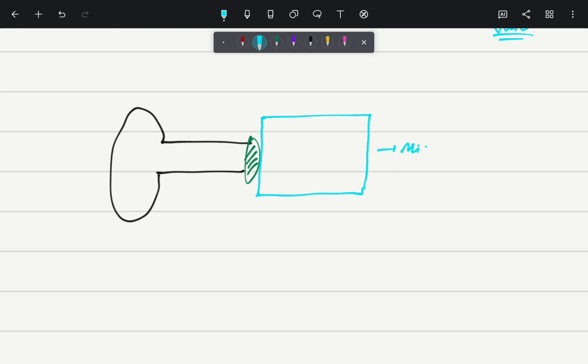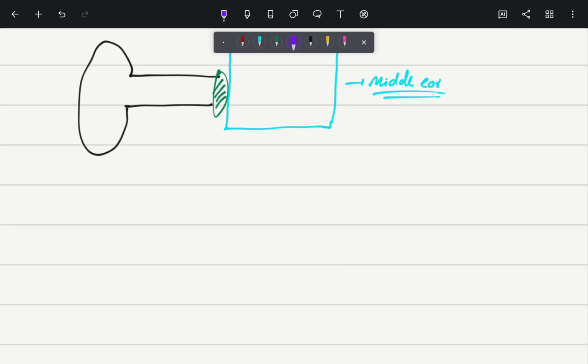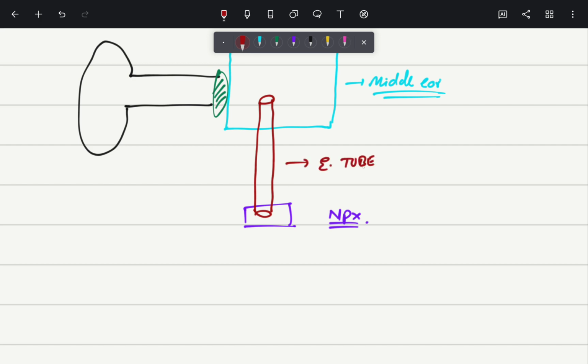This is the middle ear. Now the middle ear is connected to the nasopharynx through a tube. This is the nasopharynx, and the nasopharynx and the middle ear are connected through a tube. This tube is called the eustachian tube.